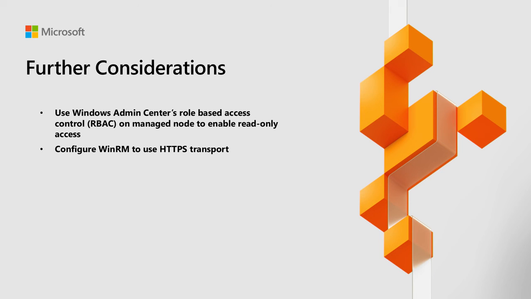The reason it took a while for us to get this in is that all of the traffic Windows Admin Center does is encrypted. The payload is always encrypted, so we were okay with sending that over an unencrypted pipe. But if you're required to use WinRM over HTTPS, we can support that now in Windows Admin Center as well.